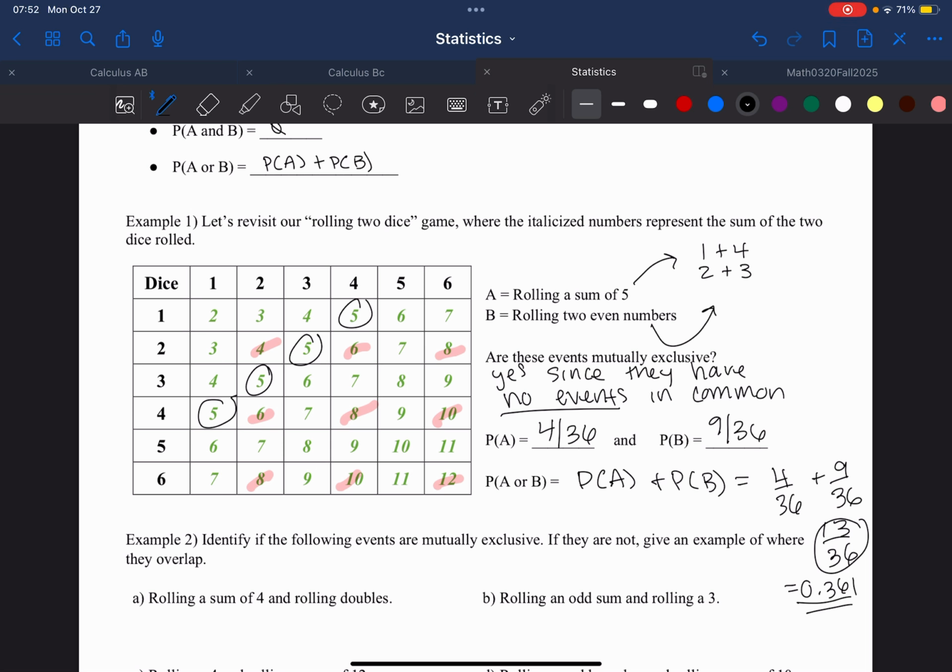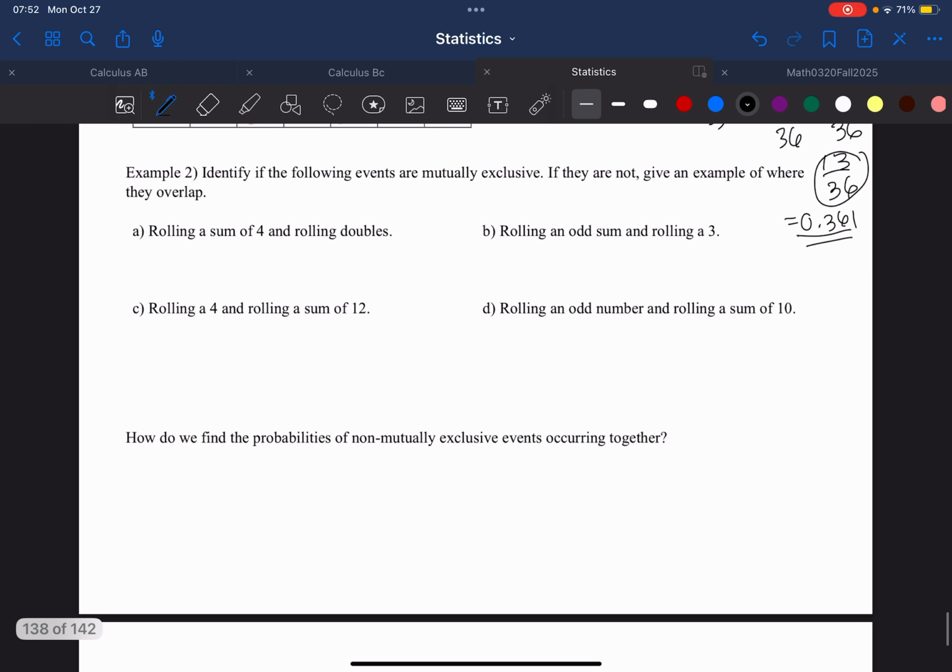Example 2 says identify if the following events are mutually exclusive. If they are not, give an example where they overlap. So rolling a sum of 4 and rolling doubles. We would say no, because you could roll a 2 and a 2. 2 and a 2 will add to 4, but they're also doubles, so not mutually exclusive.